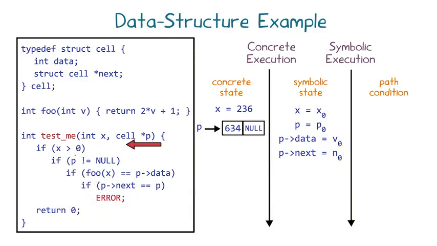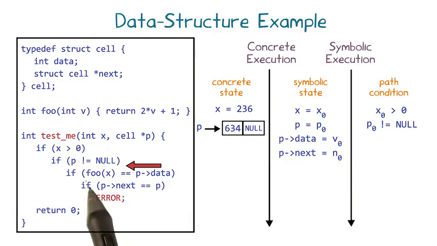The first condition again evaluates to true. So the symbolic constraint x0 greater than 0 is added to the path condition. This time the second condition p does not equal null also evaluates to true. So the symbolic constraint p0 does not equal null is added to the path condition.